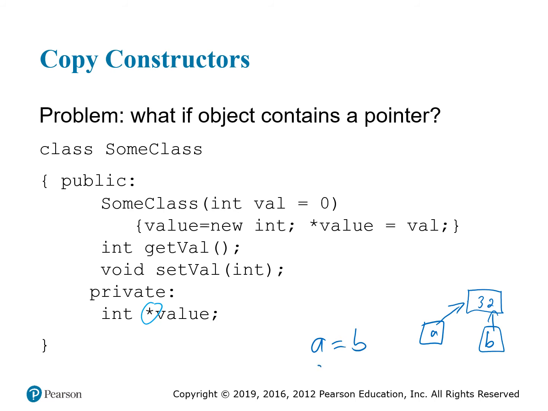And if you now say A dot set val 12 instead of 32, we're going to change the value of B dot value as well, right? Because they're both pointing to the same place. So what we need is a copy constructor that copies the value pointed to instead of the pointer itself.